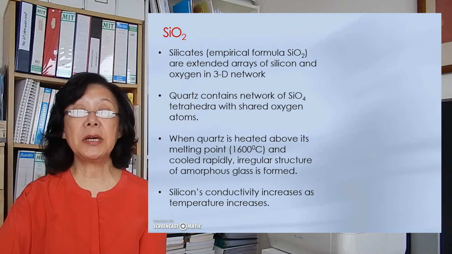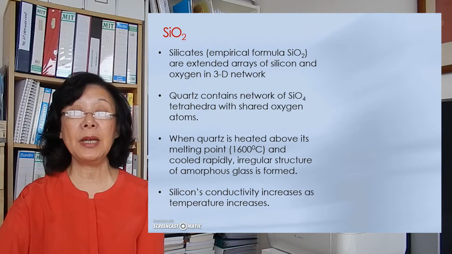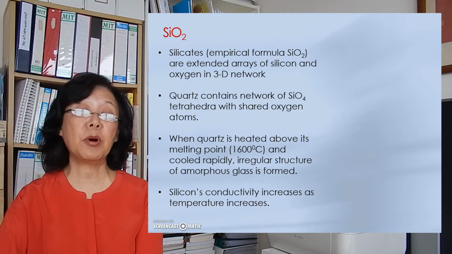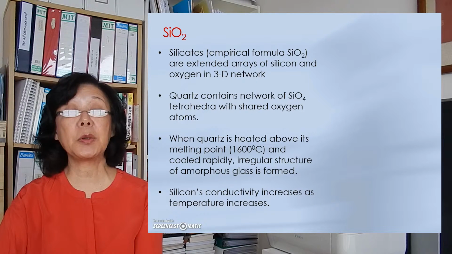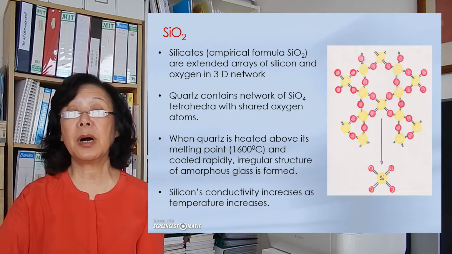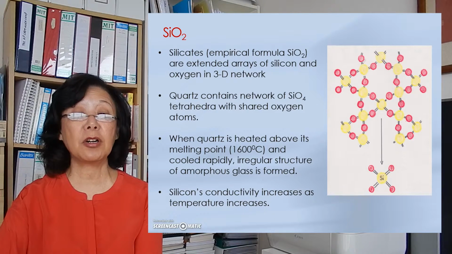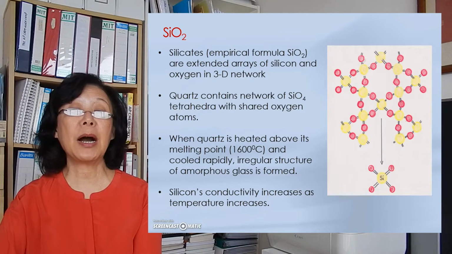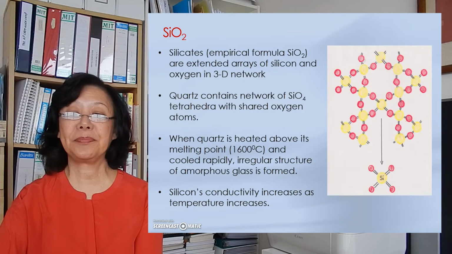When quartz is heated above the melting point of 1600 degrees C and cooled rapidly, an irregular structure of amorphous glass is formed. And silicon's conductivity increases as temperature increases. So here's a diagram of the silicate. As you can see, each central silicon atom is bonded to 4 other oxygen atoms, and 2 of which come from another silicon dioxide.